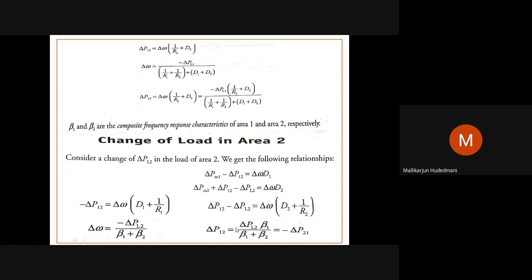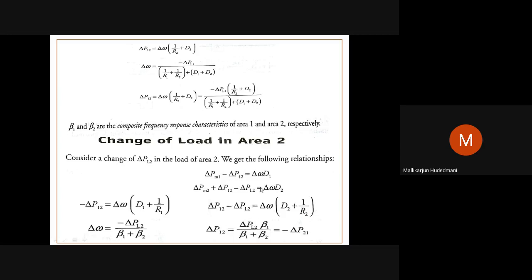The power flow from 1 to 2 for a change in load in area 2 is the step change in the area's load into the opposite area's composite frequency response, divided by the sum of the composite frequency responses in the denominator. This stands as one of the important equations. So how you got it, you might wonder.